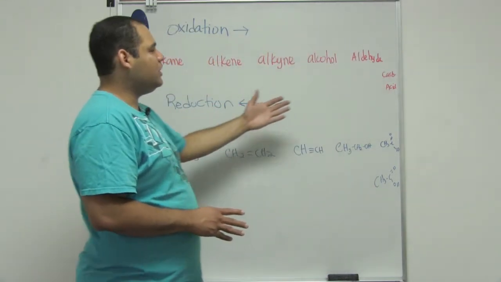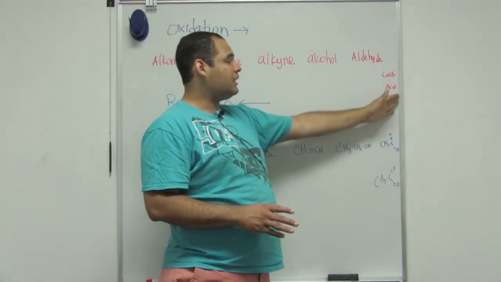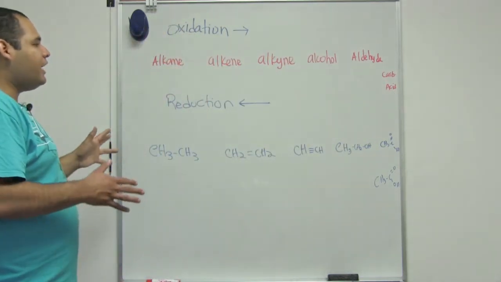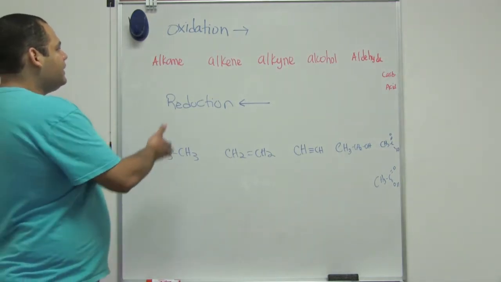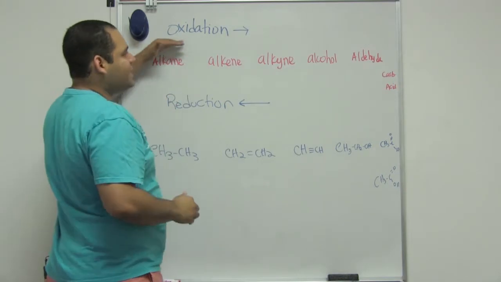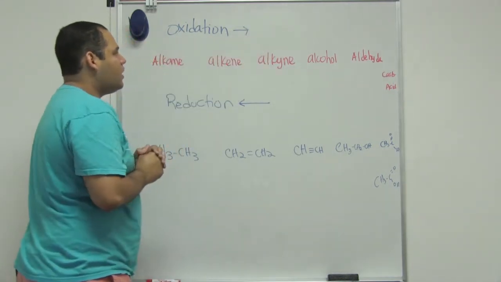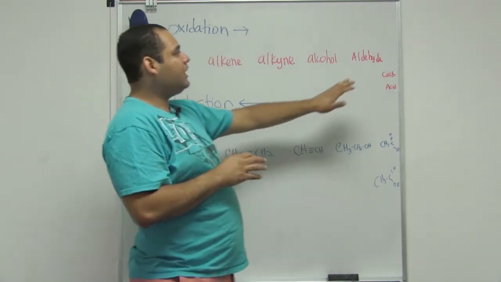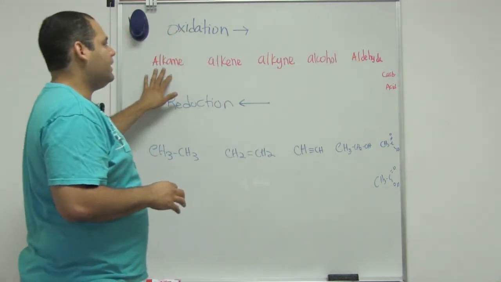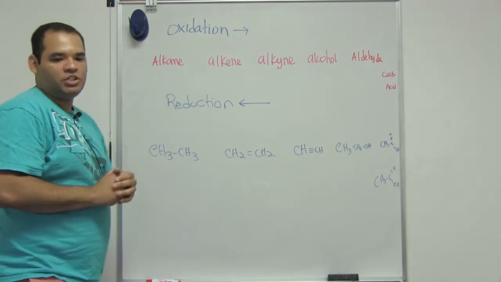Reduction happens from the carboxylic acid to the alkyne. So if I have an example where I have an alkyne and I'm making an alcohol, I know that I'm oxidizing that particular carbon. And if I have an aldehyde and I'm going backwards to an alkyne, then I'm reducing that particular carbon.